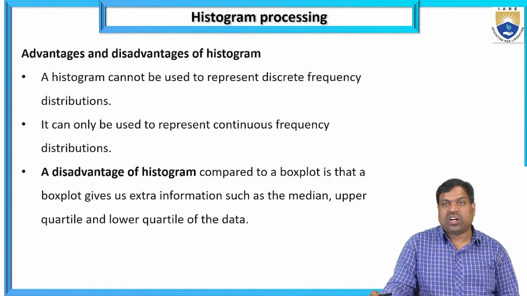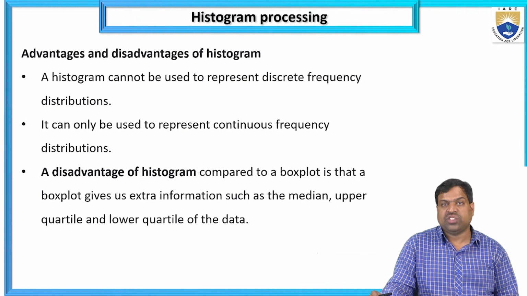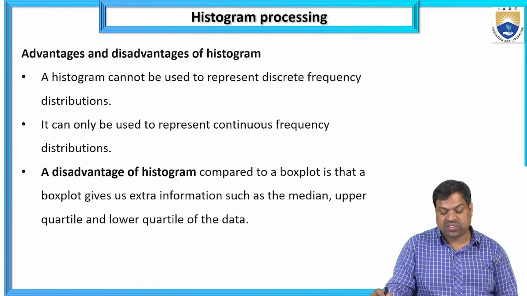And what are the advantages and disadvantages of the histogram? A histogram cannot be used to represent discrete frequency distributions, and it can only be used to represent continuous frequency distributions. The disadvantage is that compared to a box plot, a box plot gives us extra information such as the median, upper quartile and lower quartile of the data.